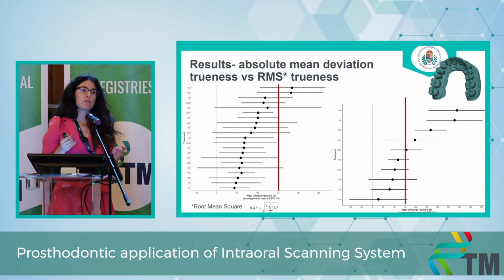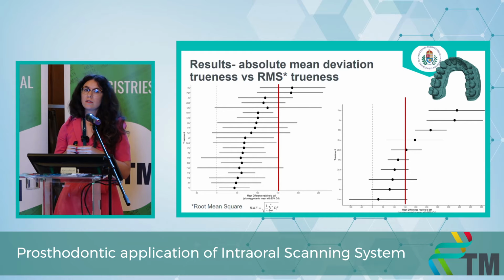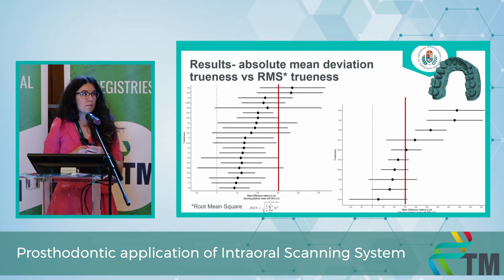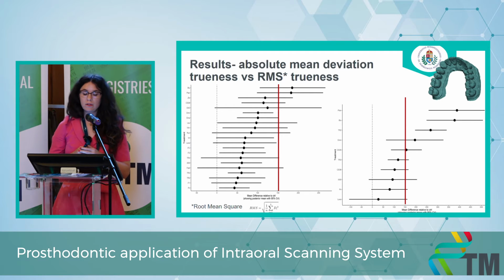It gives us information about the x, y, z coordinates in the 3-dimensional coordinates. As you can see, there is a difference between the 2 methods, because RMS values are always higher than the absolute mean values, and in the forest plots we see significant differences from the reference and also between the devices themselves. We also used thresholds to see if these differences are clinically important or not.